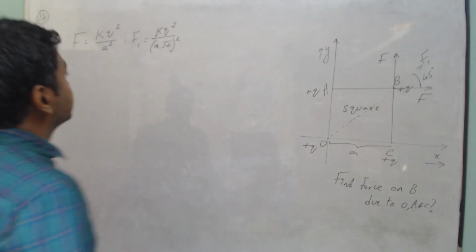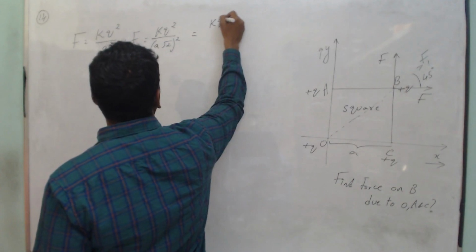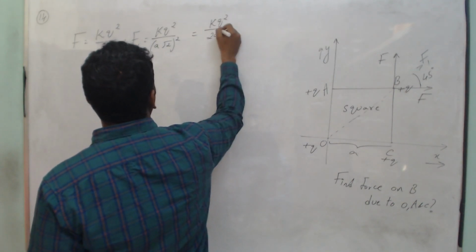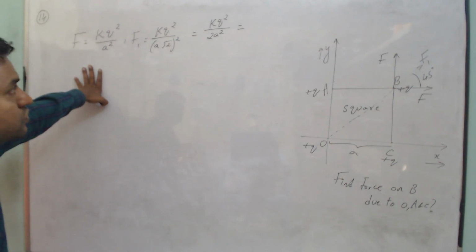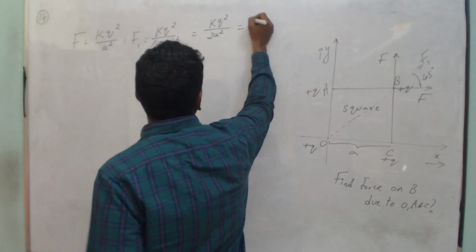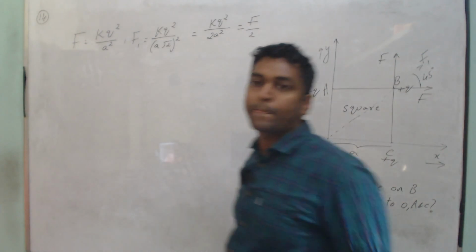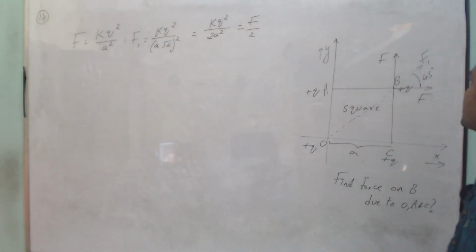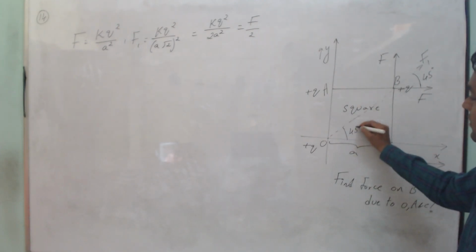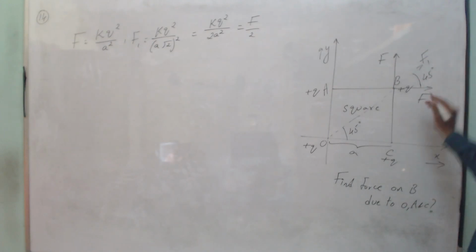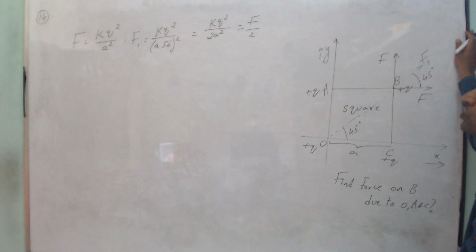That is basically kq square by 2a square, or I can say that is F by 2. See, because this is a square, I know that the resultant of F and F will also be along the diagonal, F root 2.